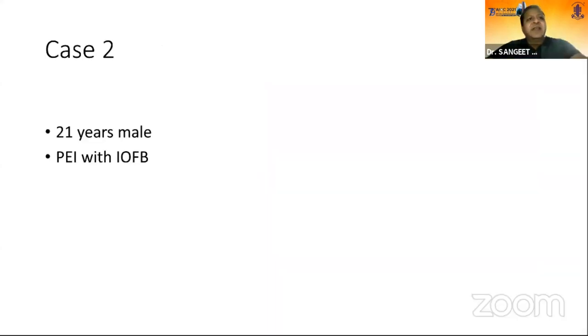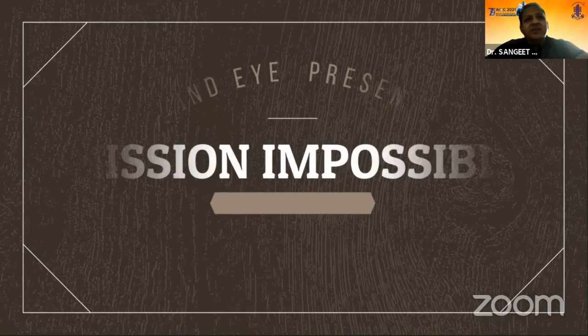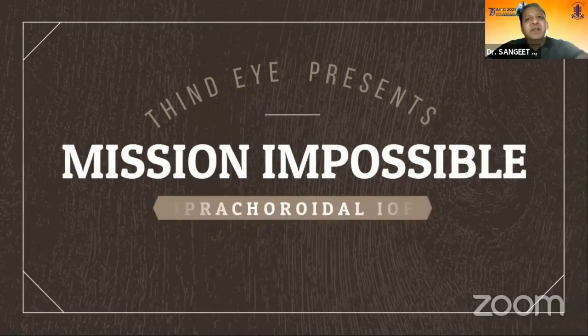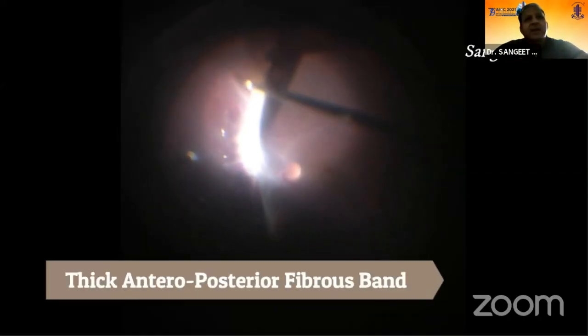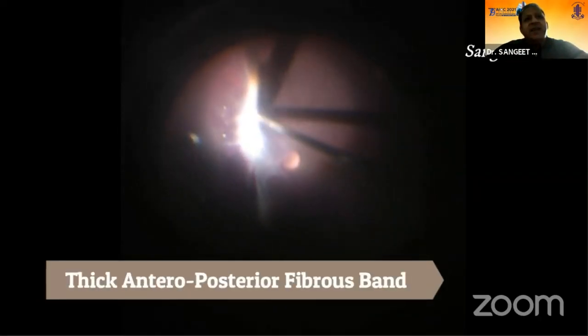This is the second case, a 21-year-old male, with a perforating injury in the eye. I call this mission impossible because it was a suprachoroidal intraocular foreign body. And you see there was a thick fibrous band extending from the vitreous into the retina and into the subretinal space.